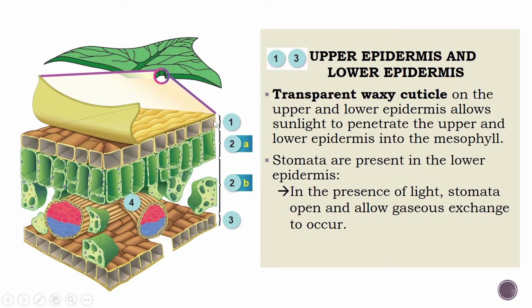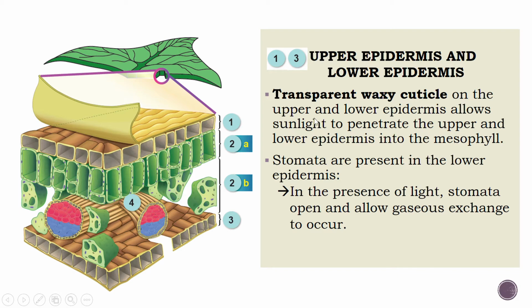So we have here at the upper part, we call it upper epidermis, and the lower part, bottom over here, we call it the lower epidermis. And then we also have this transparent waxy cuticle di bahagian atas ini. Dia ini transparent, lutsinar, dan dia juga lapisan yang berlilin. So that's why when you touch the leaf, dia macam berlilin kan, dia punya rasa bila kamu sentuh dia.